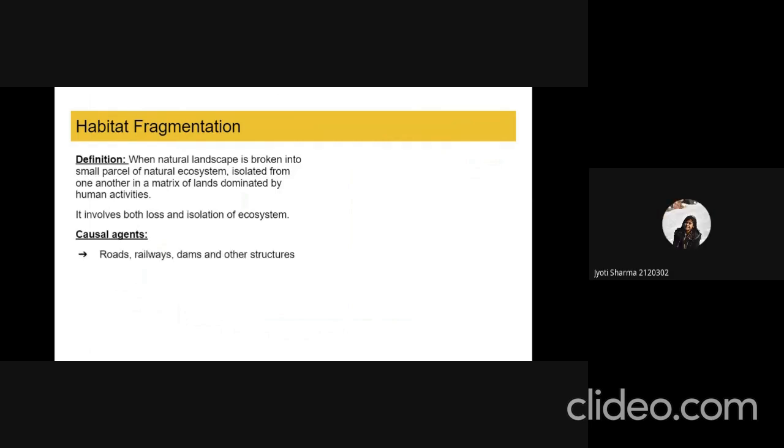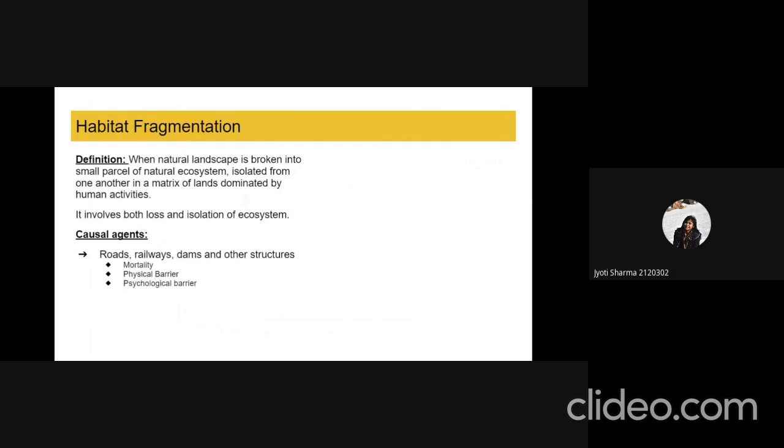Okay. So there are causal agents like roads, railways, dams, or other structures that you have already discussed. Because of that, mortality can happen. If they are crossing the road, accidents can occur and there will be mortality. Then the physical barrier: it acts as a barrier, and whatever the range of the habitat was, it will be reduced.